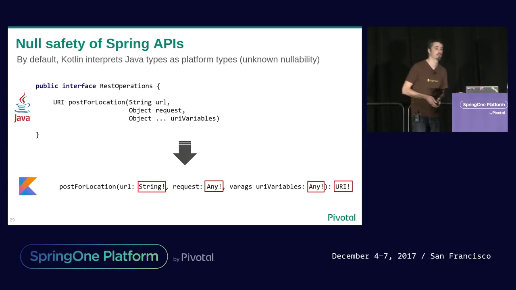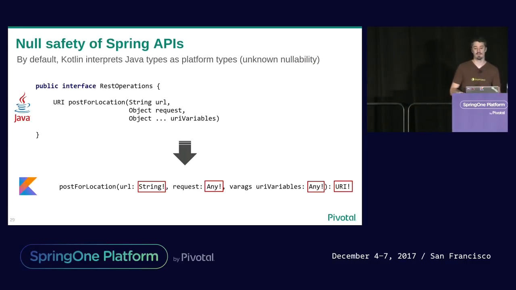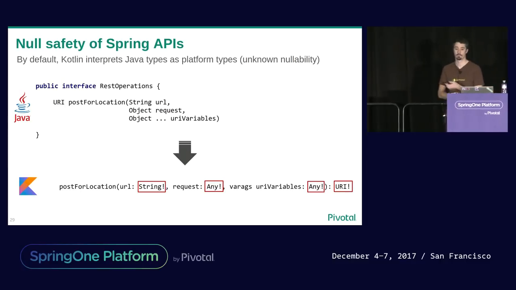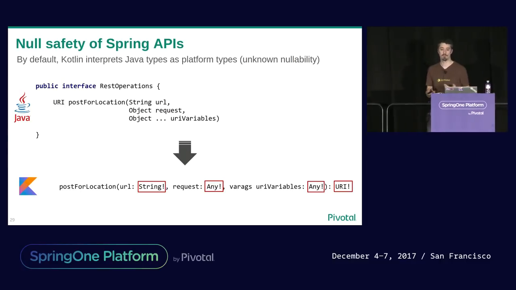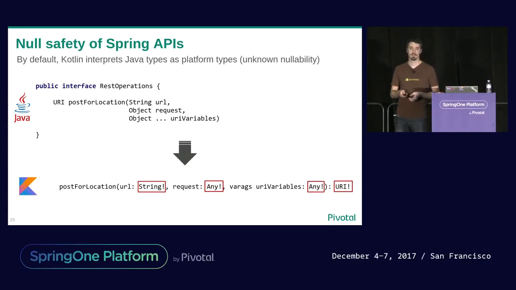So by default, Kotlin interprets these types as platform types, which means unknown nullability. That's the exclamation mark. Kotlin is not able to know if this will be null or not. And in practice, it is quite lenient when you write code, so it doesn't bother you too much. But when you run your code, you can still have a null pointer exception, and it defeats the purpose.